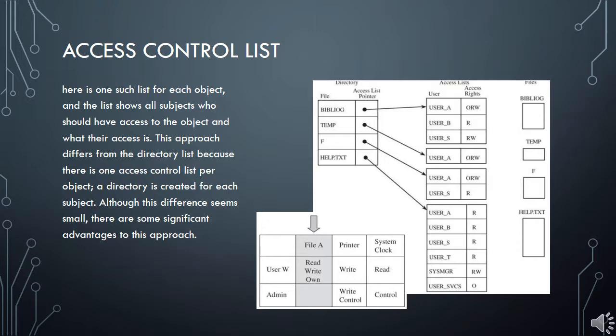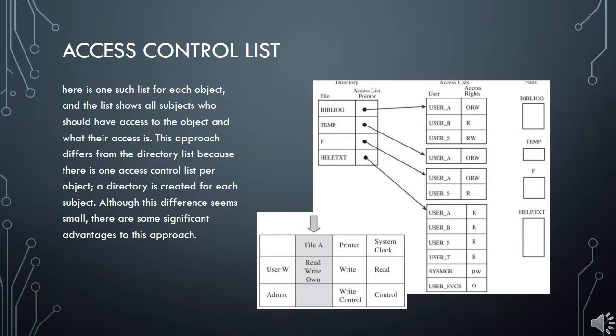As the picture shows, you can see the access list is listed as all users, and all access rights of the user are listed, and all of them will be linked to a file directory.